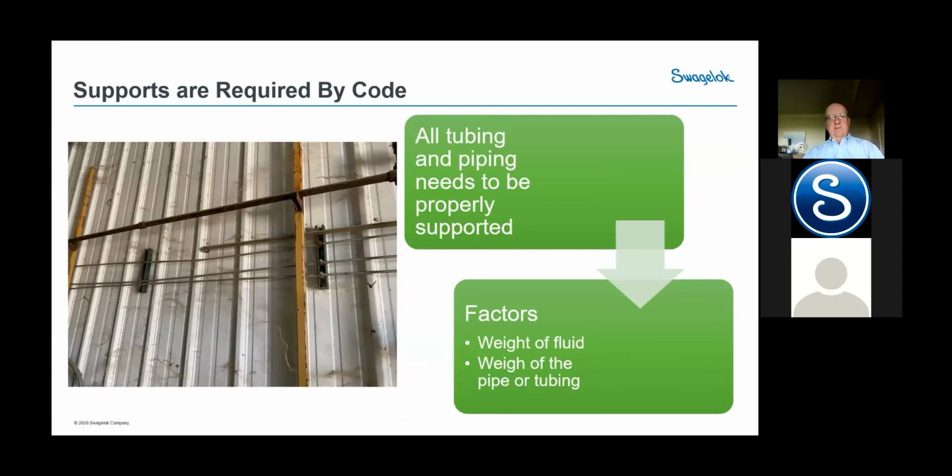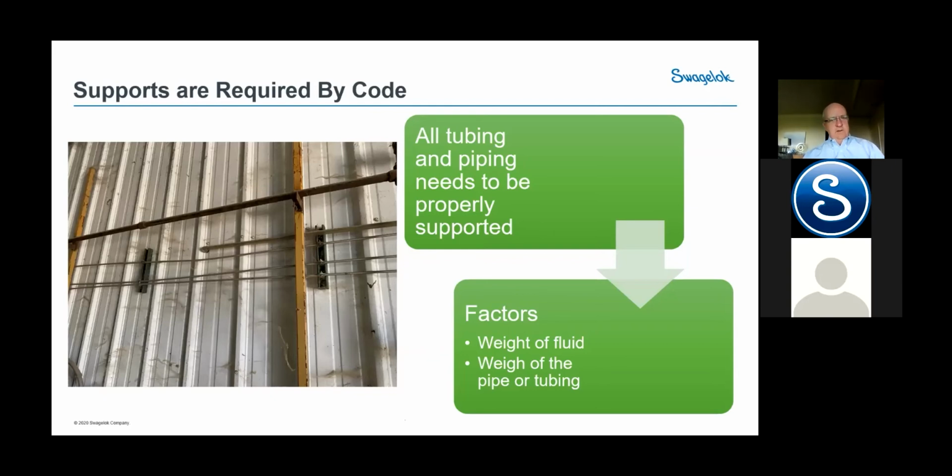The other factor with the sampling system is you have to take into consideration expansion and contraction, which is always not done. So the tubing here is going to expand, okay? It's going to expand multiple inches. So we have to design for the expansion and contraction of the tubing.